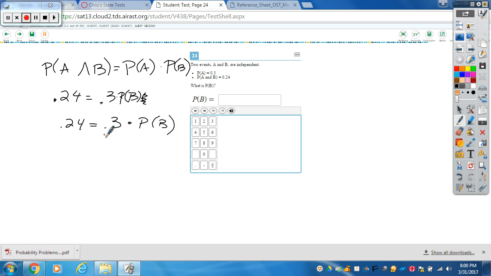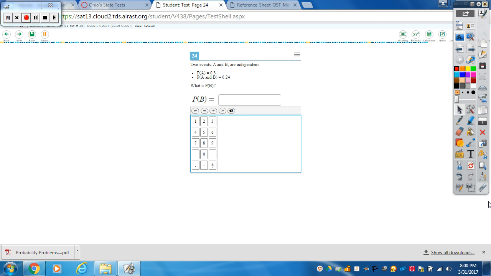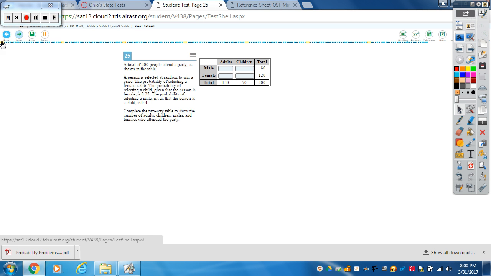Well, you're just going to divide by 0.3, and so you end up with the probability of B being 0.8 or 80%. So don't forget, independent events, when it's A and B, are going to be multiplied together. Okay? All right, the next one.